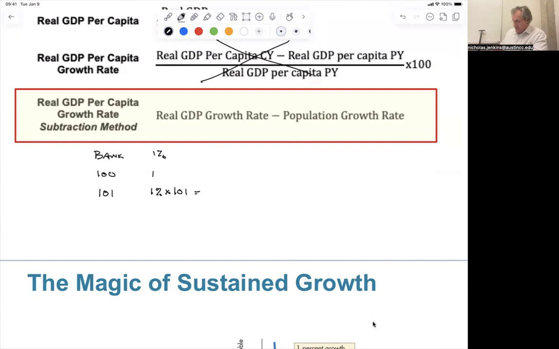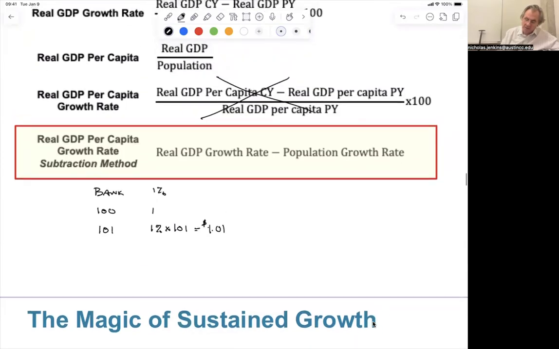$1.01 times 1.01. Sorry, 1.01 times 1.01 means we actually earn $1.01 in interest.